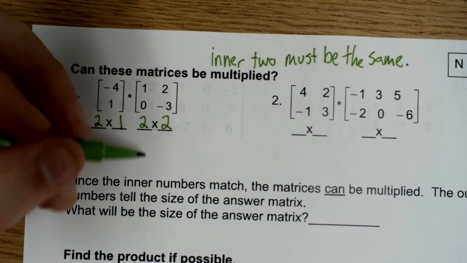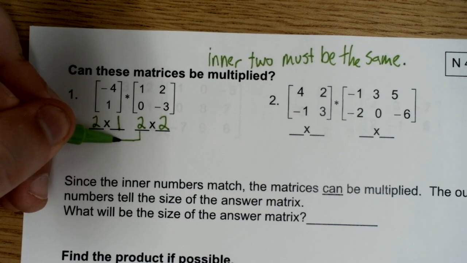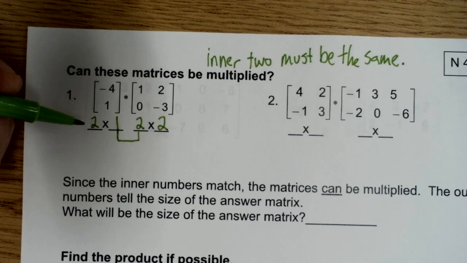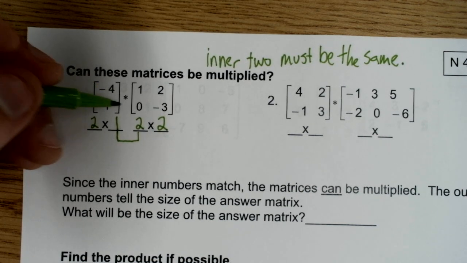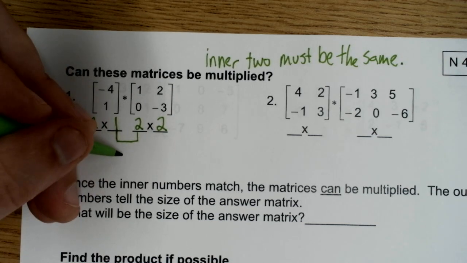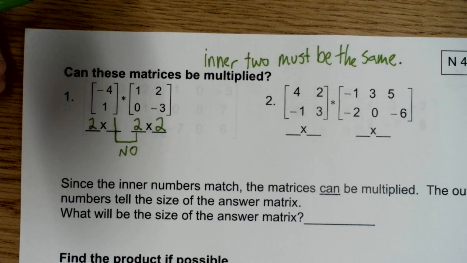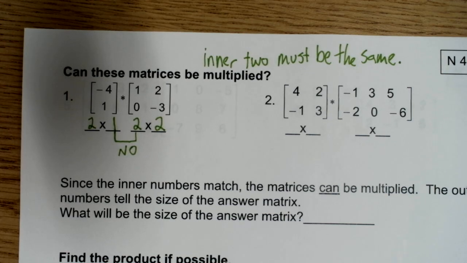I look at the inner two numbers, which would be the number of columns for the first one and the number of rows for the second one. And that says no, it cannot be multiplied together because those two numbers are not the same.